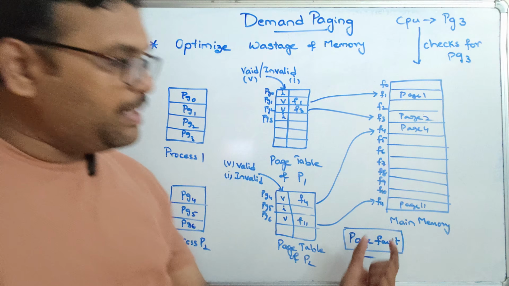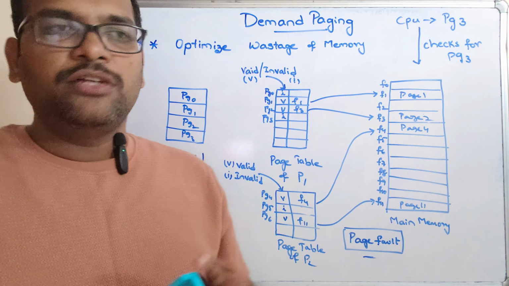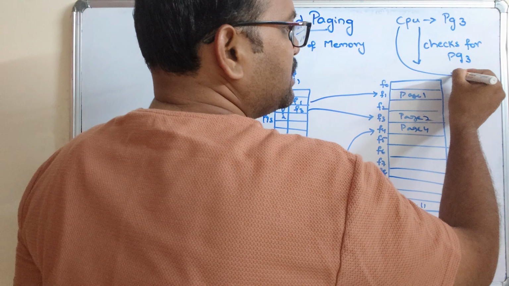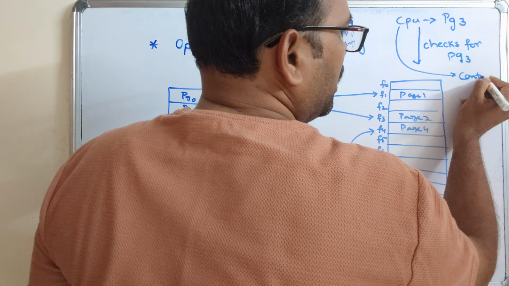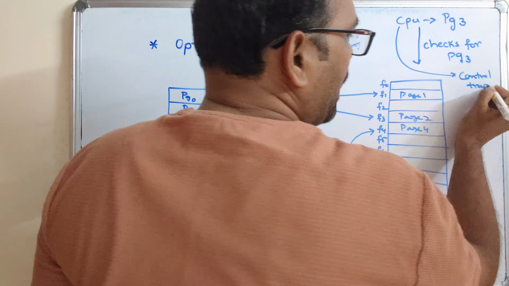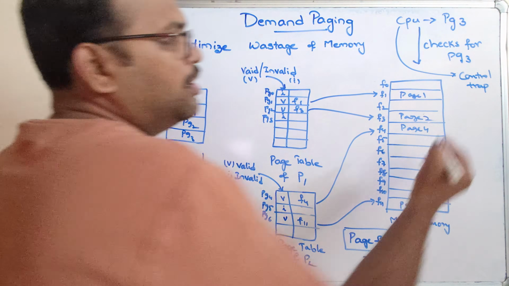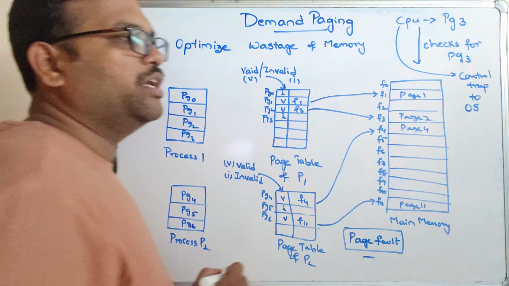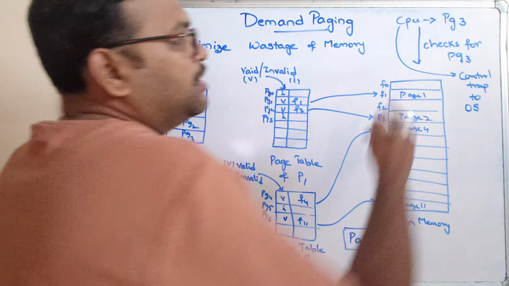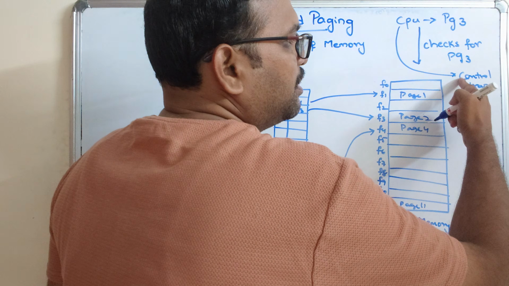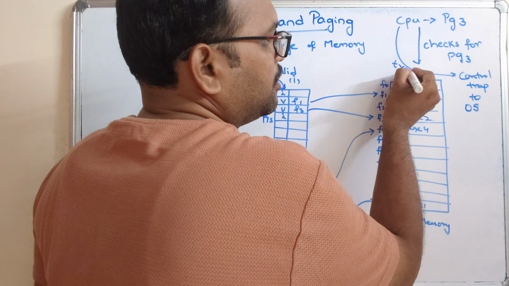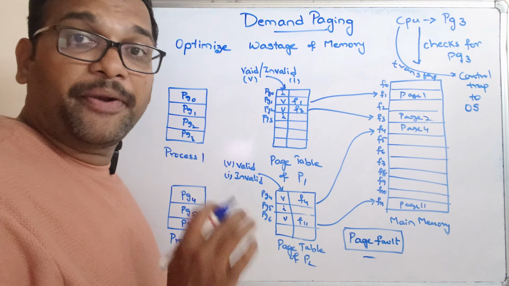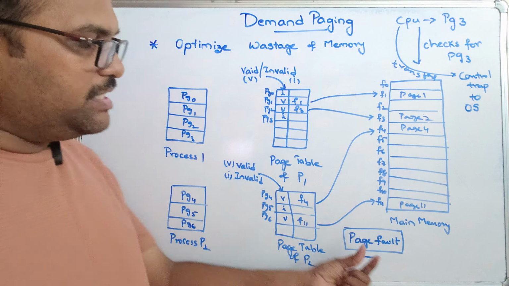So if there is a page fault, what happens? Immediately the CPU will transfer control, the trap or trap system call, to the OS, to the operating system. So the CPU transfers control to the operating system to say that there is a page fault.